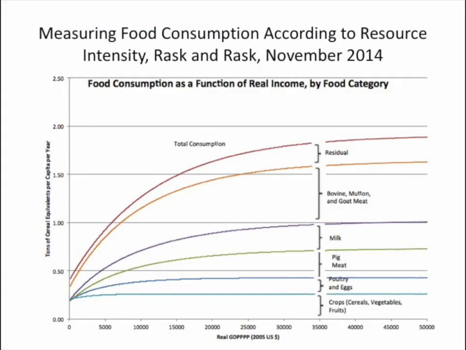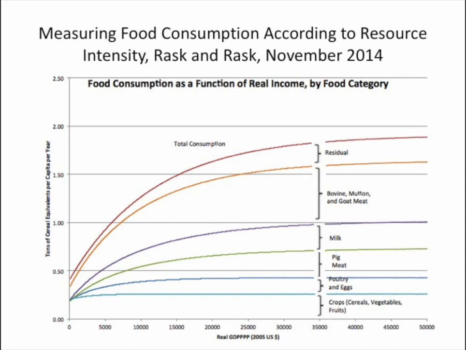Now this graph shows real GDP per person on the horizontal axis and total cereal consumption on the vertical axis. I'm going to go through this graph, but you can think about putting each one of the previous countries on this graph.